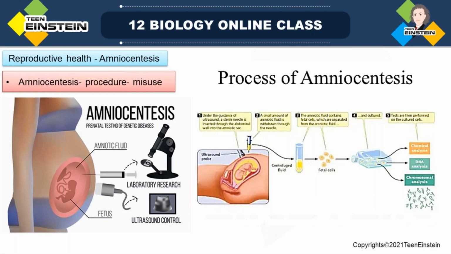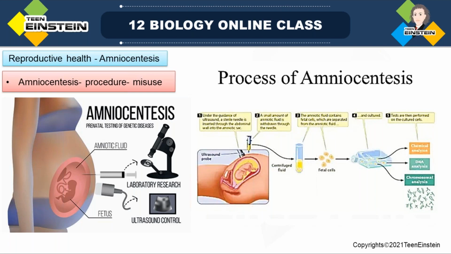But they are misusing this technique, amniocentesis, because in India it is mainly used to detect the sex of the fetus. For what are they determining the sex of the fetus? To find out whether the unborn fetus is male or female, because if they find that it is a female fetus, there is a tendency to kill or abort that fetus.